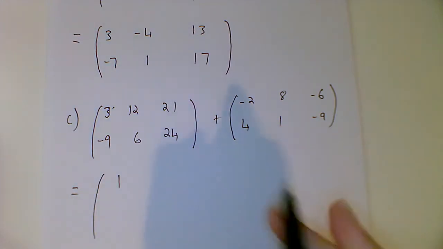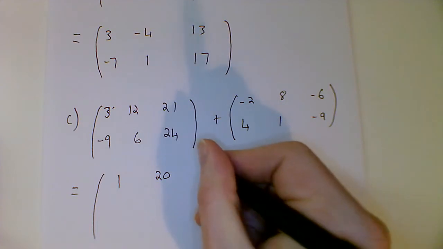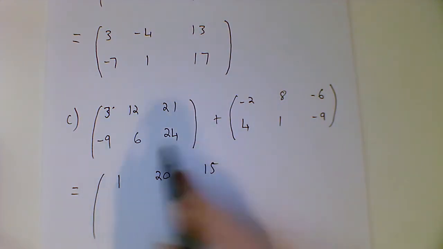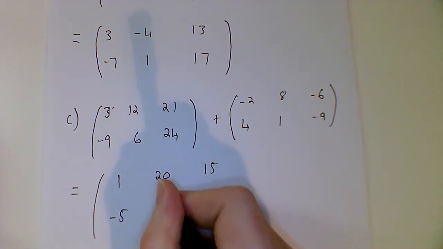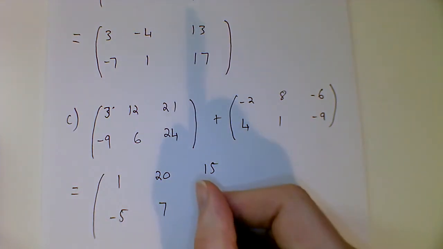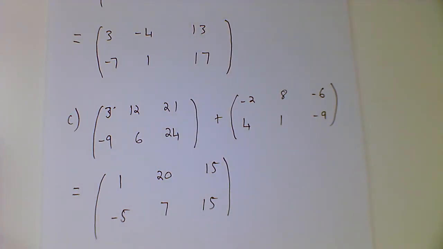That becomes 1, 20, 15, negative 5, 7, and 15. Just like that. I'll just leave you to finish off D in the notes. It should be fairly self-explanatory and you shouldn't have any issues with it.